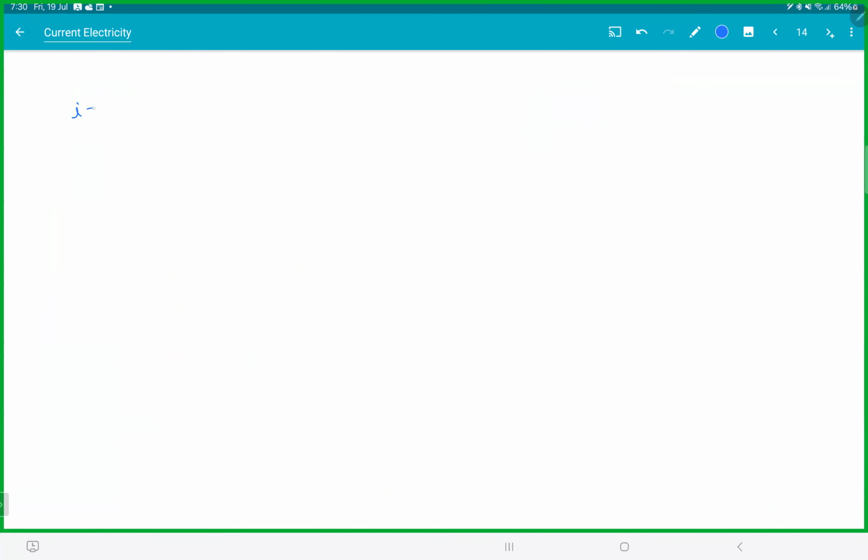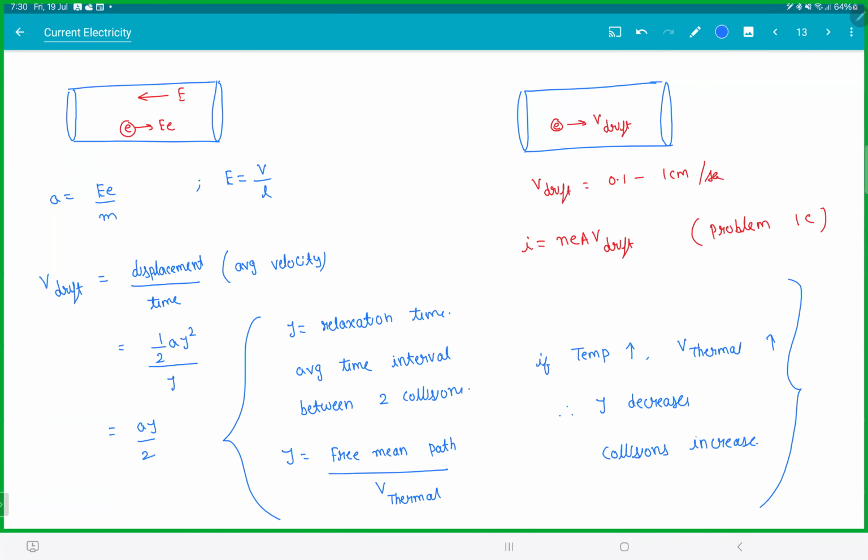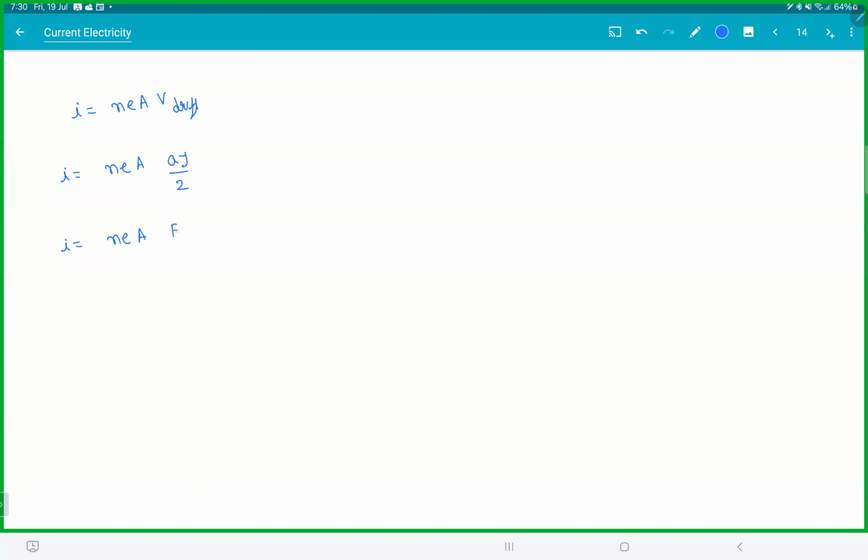So we got I is equal to NEA V drift. And V drift is A tau by 2. So NEA, and A is how much? A is eE by m. And E is V by L. Where are we going ahead with this?